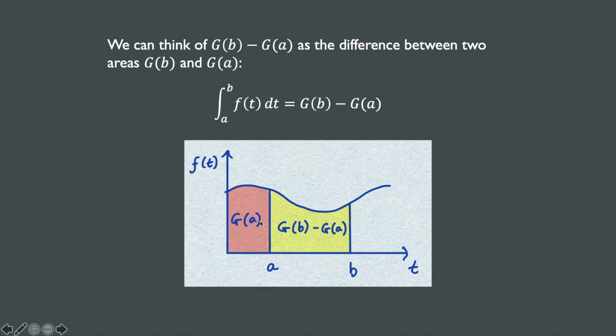And then G of b will be the area function between 0 and b. So when we subtract G of a, we will end up with the area G of b minus G of a. And that's exactly what we've got here. We can represent that as an integral of lowercase f of t between the two limits a and b.